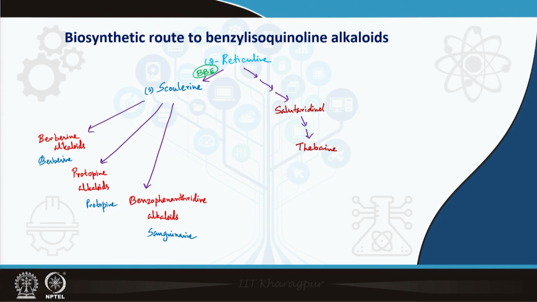one route goes to, I just put the arrow first. And the other route is oripavine and then morphine.